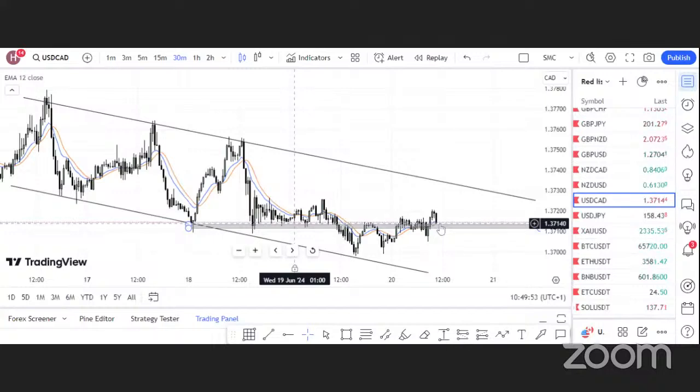All right. So right now, what I'm waiting for here is a continuation pattern, which is a downtrend. I expect the market to keep selling, right? I expect this market to keep selling because we have a level the market is currently retesting.